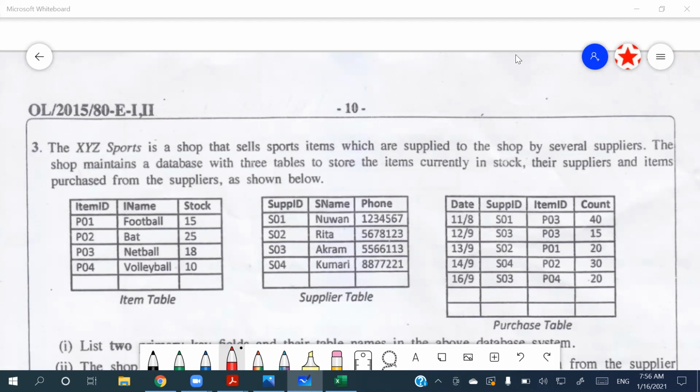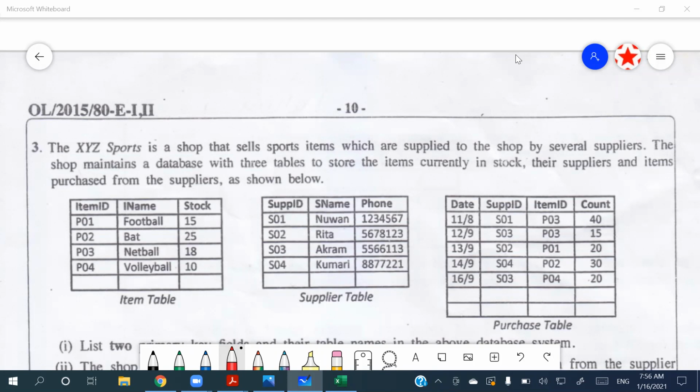So it is saying the XYZ Sports is a shop that sells sport items which are supplied to the shop by several suppliers. The shop maintains a database with 3 tables to store the items currently in the stock, their suppliers, and items purchased from the suppliers, right? Okay, so the item table is there to say what are the things they have at the moment in the shop.